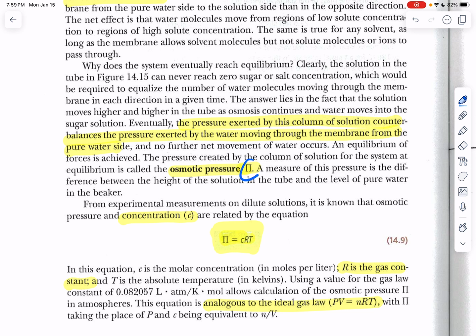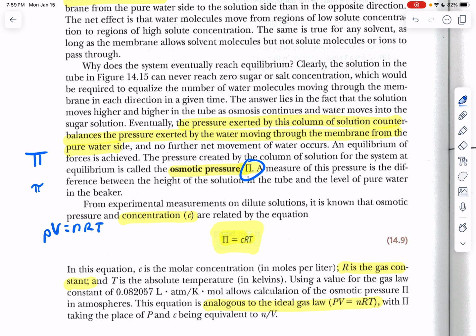Now notice the symbol for osmotic pressure is the capital pi, not to be confused with lowercase pi, which we use when we talk about circumference, 2 pi r, or area of a circle, pi r squared, for example.